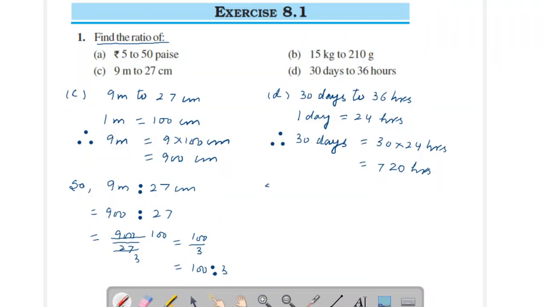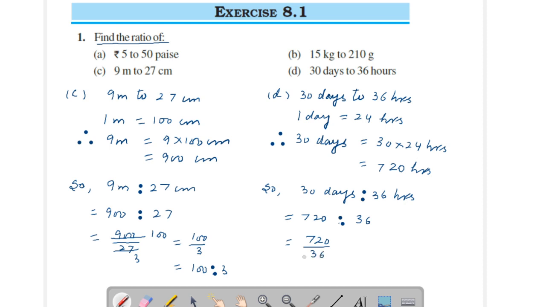So 30 days ratio 36 hours can be written as 720 hours ratio 36 hours. Write in fraction form: 720 upon 36.